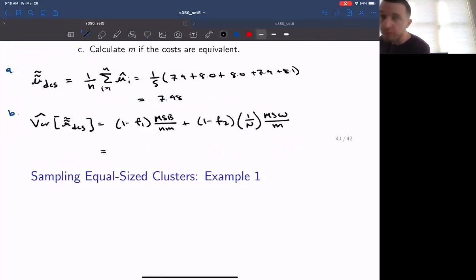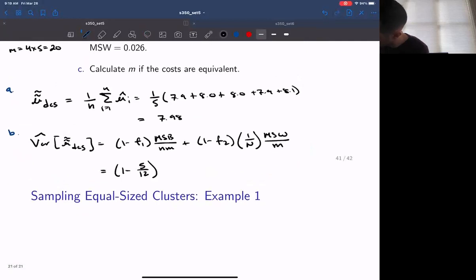Okay, so F1 is going to be little n over capital N. So we're going to have 1 minus 5 over 12 multiplied by the mean squared between, which is 0.028, divided by the total number of clusters, which is 5, multiplied by the total number of observations, which is 20, plus 1 minus, and then we have little m over capital M. So that's going to be 20 divided by 288.